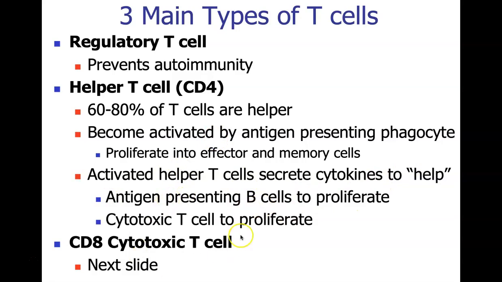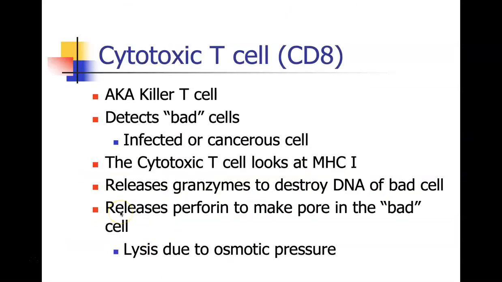Okay. The cytotoxic T cells, CD8s, are also called killer T cells, and they detect bad cells like infected cells or cancerous cells. So again, another major mechanism we use to start developing cancer treatments. The cytotoxic T cell looks at MHC1 and releases granzymes to destroy the DNA of bad cells.